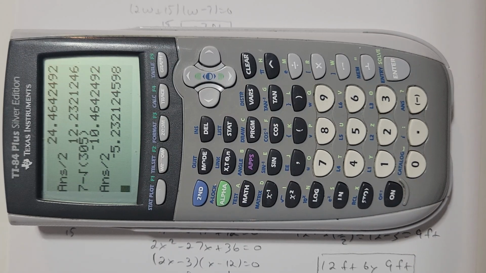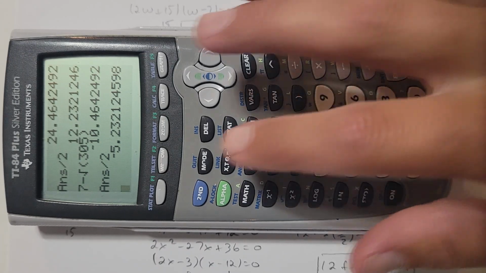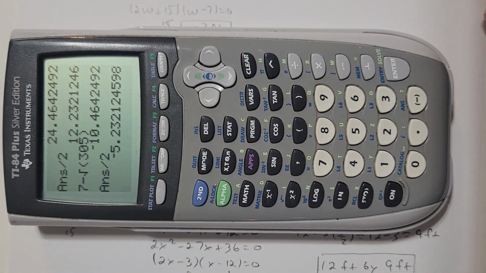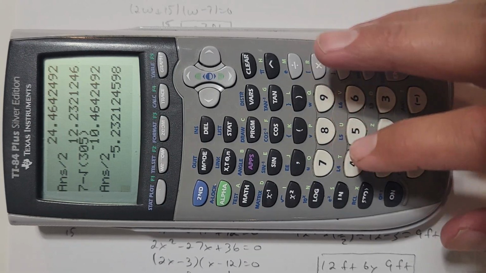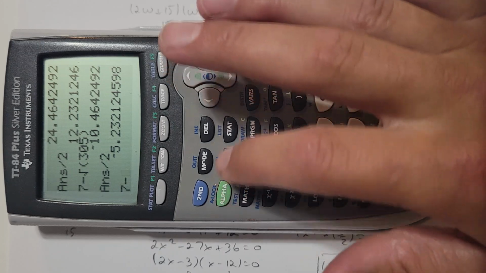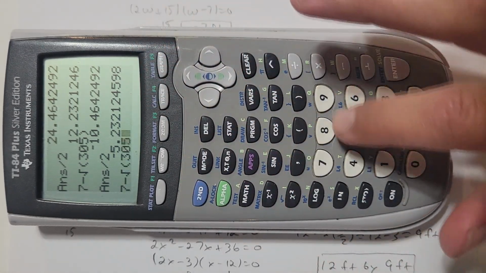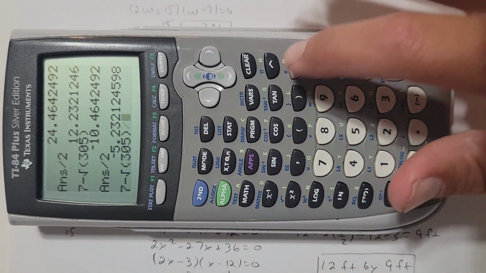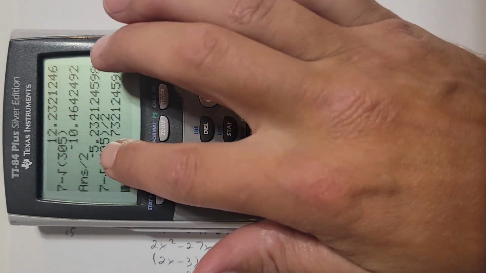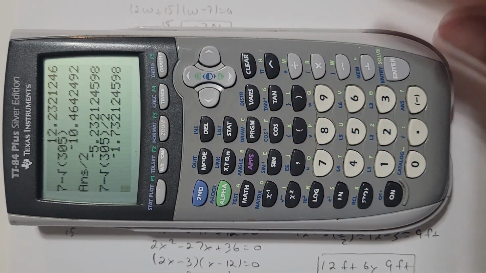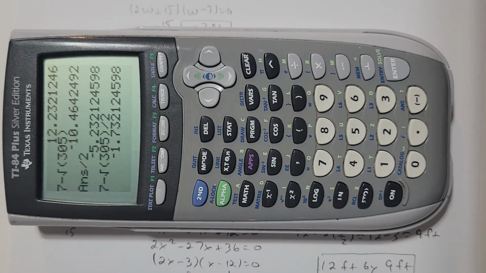Now, one thing to point out here: notice how I'm not typing in the whole thing all at once. You can do that, that'd be fine, but you need to make sure you get parentheses there. If I just type in 7 minus the square root of 305 divided by 2, I'm not getting the right answer, right? Because I need parentheses around the top.